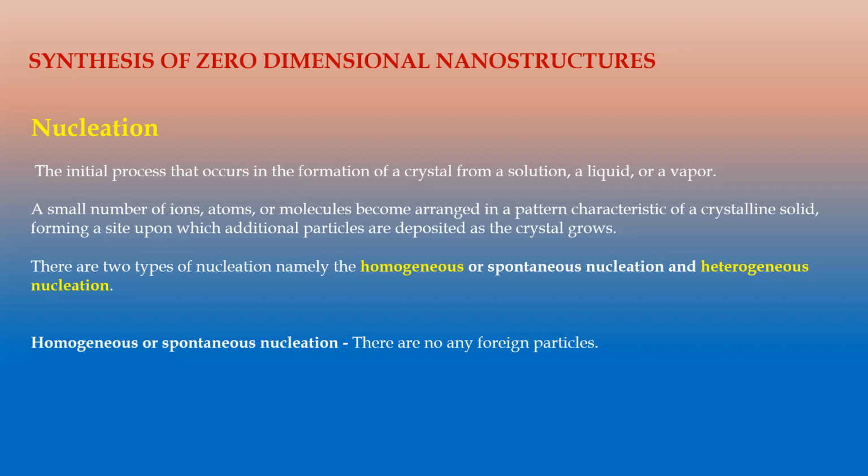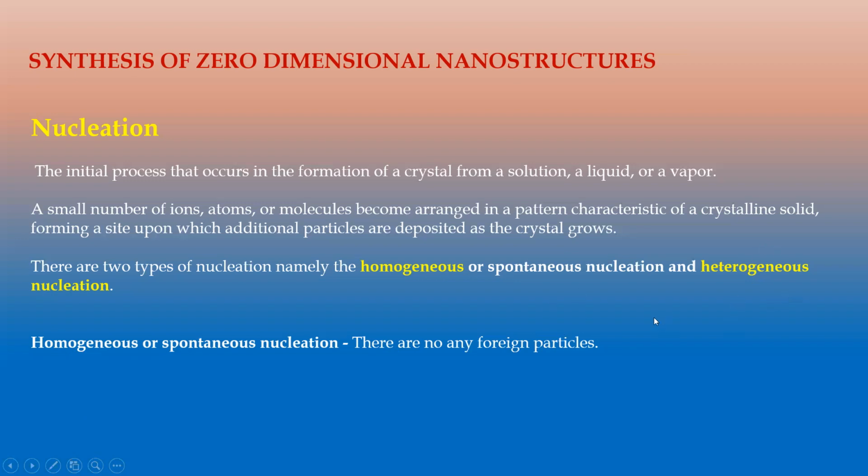Then all the atoms or molecules or ions are aggregated together onto that nucleus or foreign body. That type of nucleation, by the addition of foreign bodies, we call heterogeneous nucleation. In homogeneous nucleation, there is spontaneous nucleation with no foreign particle.